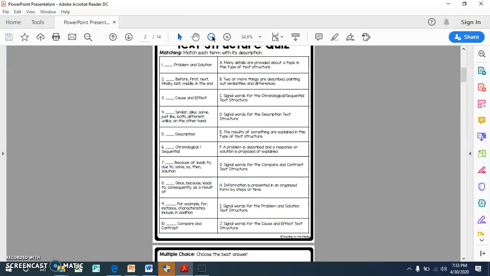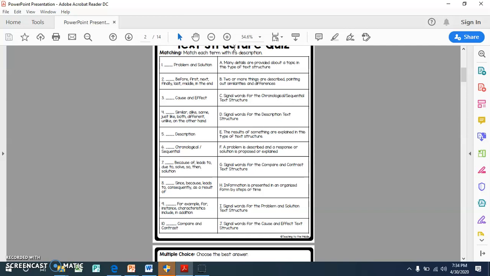Is number 1 telling us how a type of structure where information is presented in an organized form by steps or time? Or is it signal words for problem and solution text structure? Or signal words for cause and effect text structure?